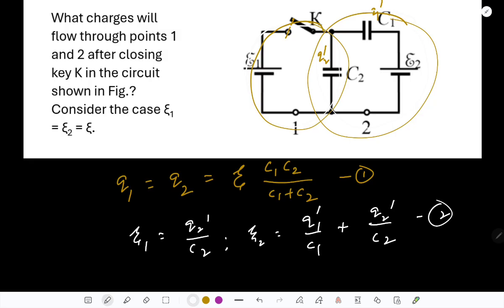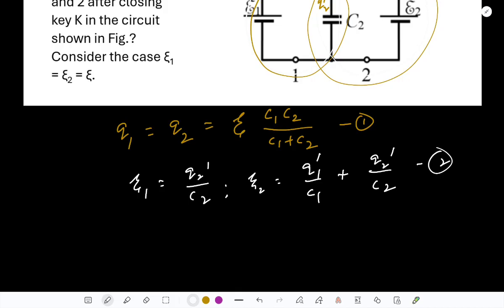and I can guess now that we can find the charges on the capacitors Q1 dash and Q2 dash.